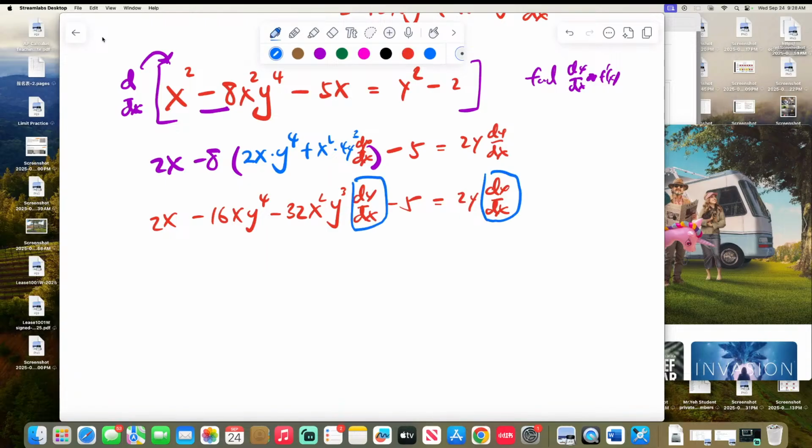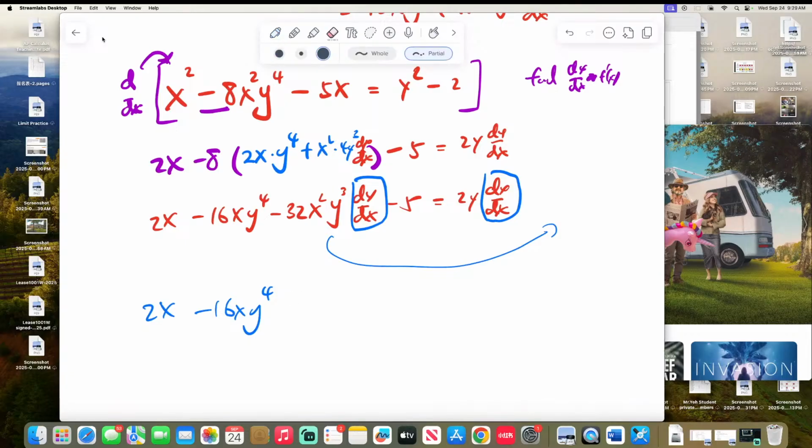This is what we're trying to isolate. So I'm going to move this term to the other side. Is that okay? So 2x minus 16x y to the 4th, minus 5, equal to 2y dy dx plus 32x squared y cubed dy dx.